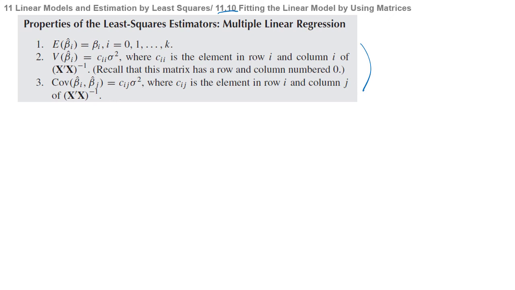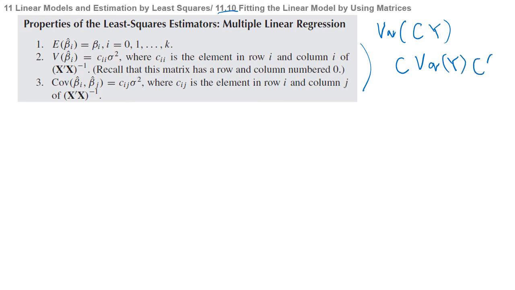But the simple proof for this is that you may need to know that, where C is a matrix and y is a random variable, the variance of Cy is C times the variance of y times C prime.